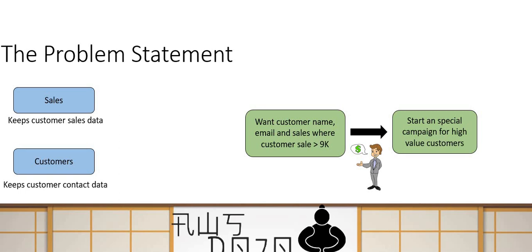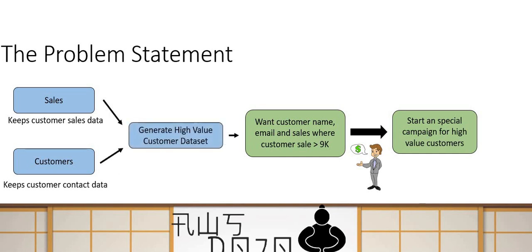So you do see a requirement where you need to create a third data set by joining your sales and customer data sets, and this third data set will be the high value customers data set, where the customer sales are more than 9K, and you are only interested in keeping customer name, email, and sales value as three columns.